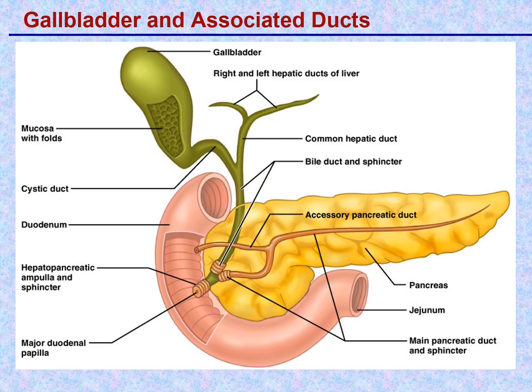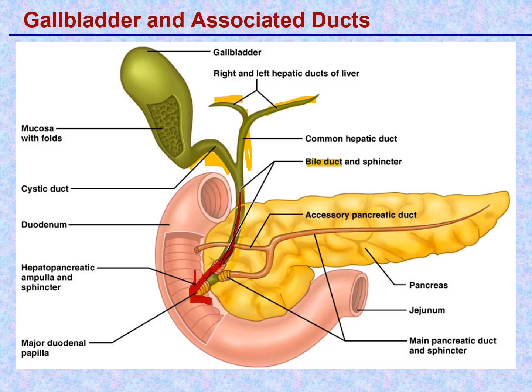So here you see the right and left hepatic ducts of the liver fusing together to form the common duct, which then fuses with this cystic duct coming from the gallbladder to form the actual bile duct that leads down to the duodenum.